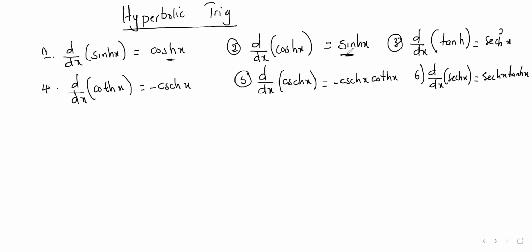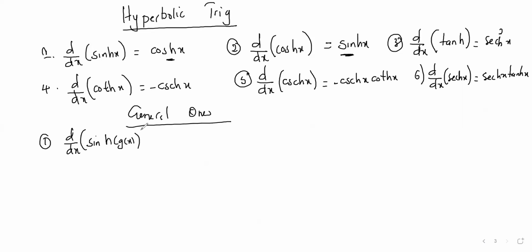Simply because by the time we are deriving them here, we use the approach that comes from the exponential functions. So if we do the general ones, we say the hyperbolic of g(x) is going to be g prime, and then the hyperbolic of the g.